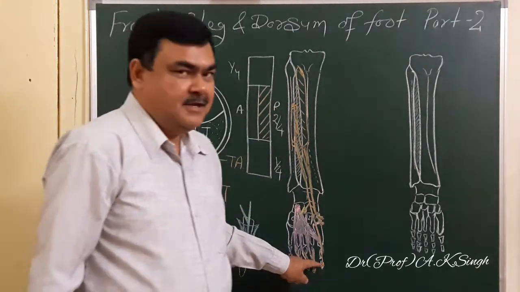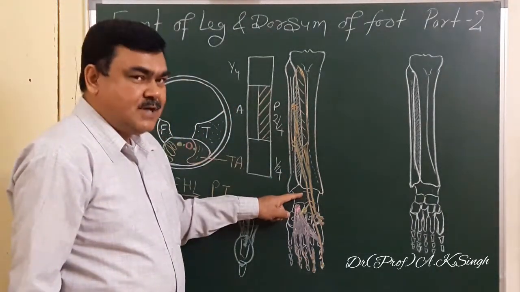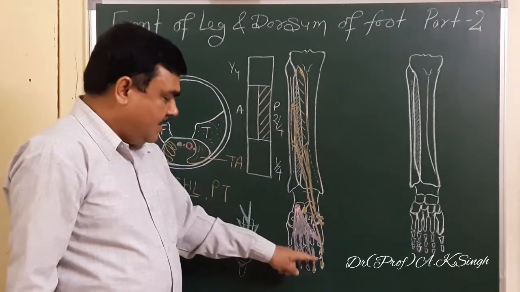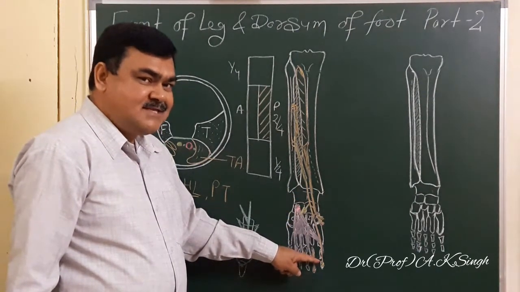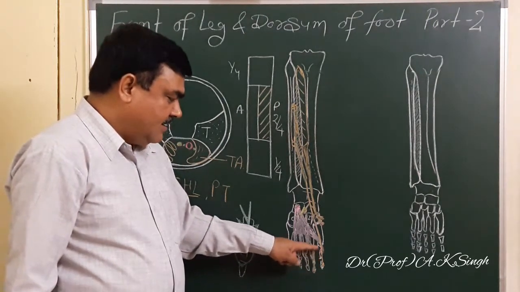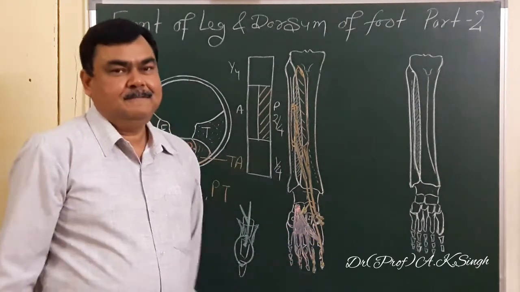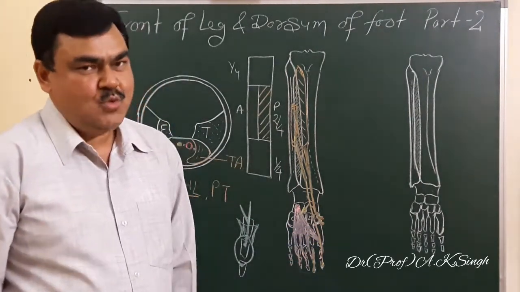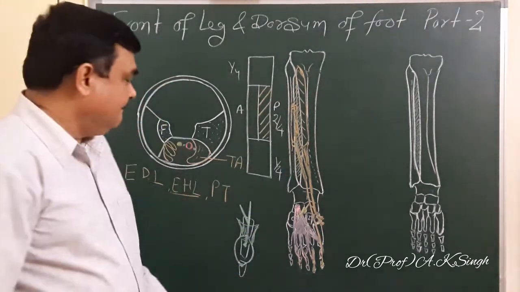So it is inserted here. Action is, it crosses this joint. So the action is dorsiflexion, and here its action is extension at interphalangeal joint and metatarsophalangeal joint. So these are two actions of the extensor hallucis longus muscle.